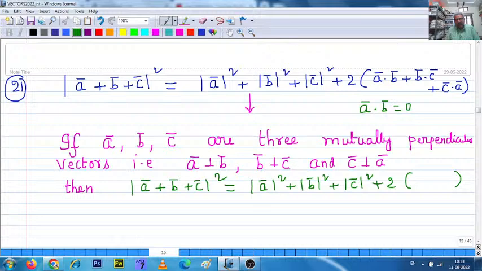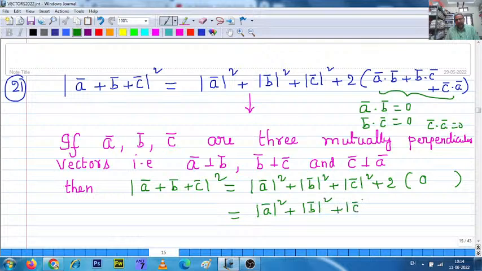Since B bar perpendicular to C bar, B dot C becomes 0. Since C bar perpendicular to A bar, C dot A becomes 0. Obviously, this bracket A dot B plus B dot C plus C dot A becomes 0. So you will be getting mod A square plus mod B square plus mod C square. Very simple. So this is the special case you need to remember.